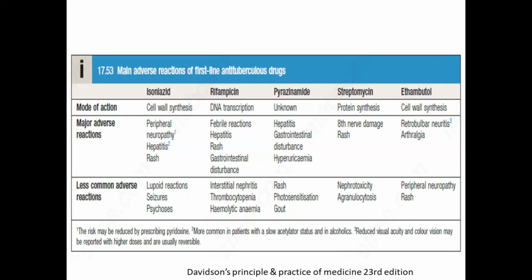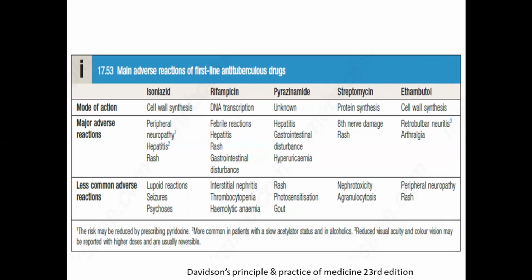For pyrazinamide, the mode of action is still unknown. However, the major adverse reactions include hepatitis, GI disturbance, and hyperuricemia. For ethambutol, the mode of action is cell wall synthesis, and the major adverse reactions include retrobulbar neuritis and arthralgia.